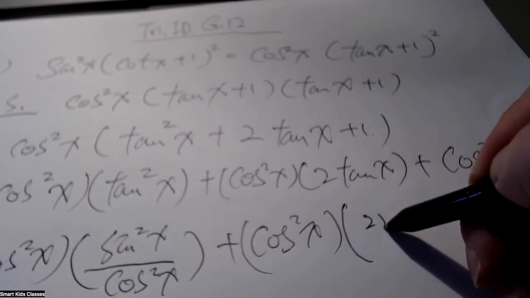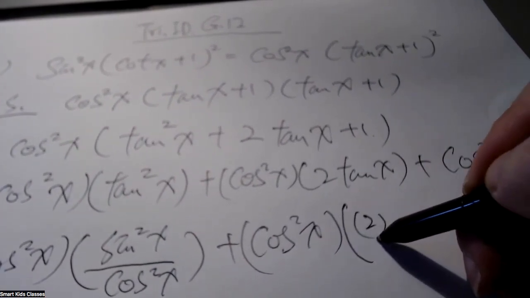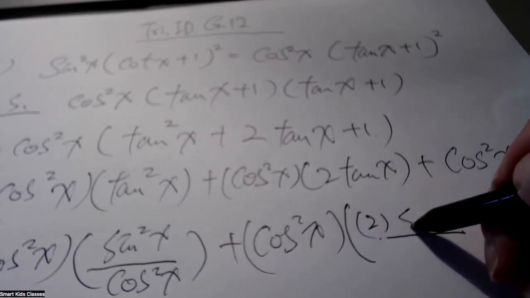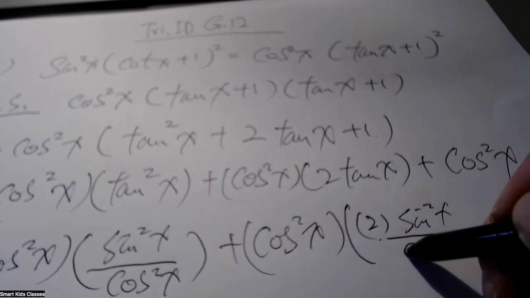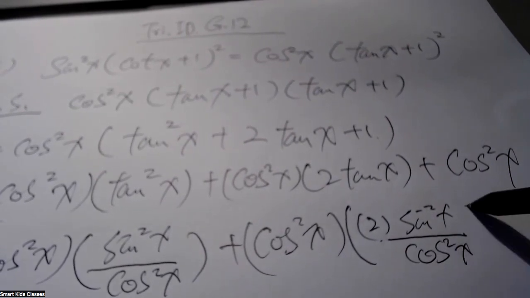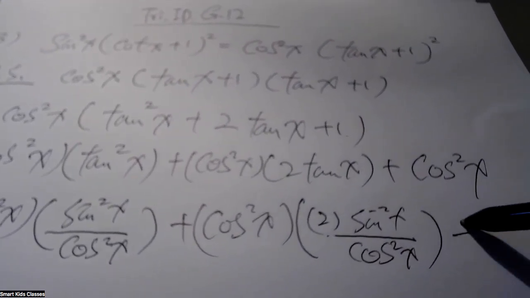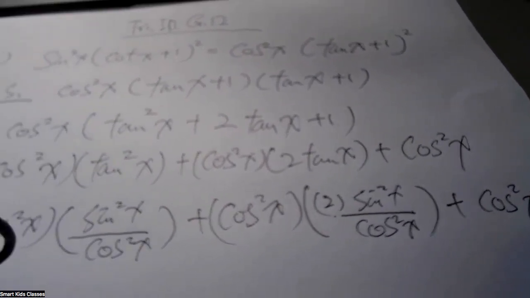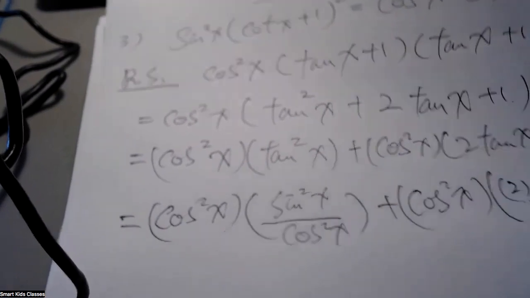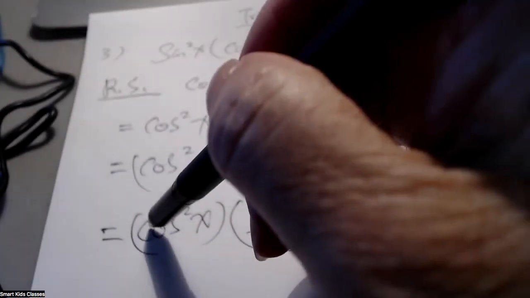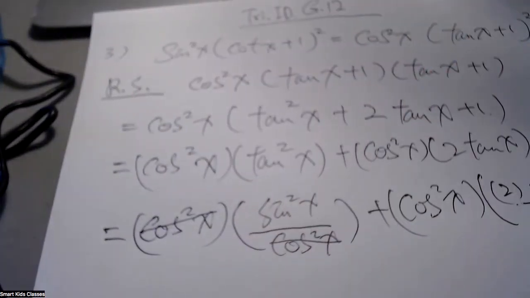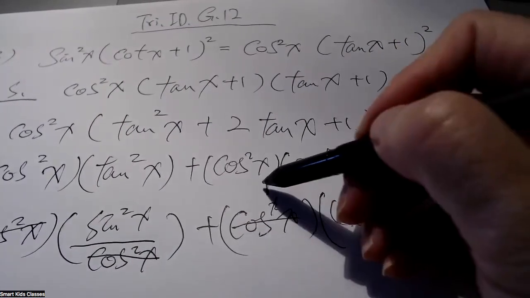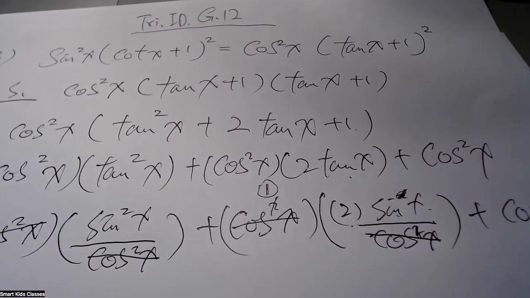So we write the 2 as a numerator. And then tan will be sine x over cosine x. The singular term we just copy at the end. Now we're going to simplify. So cosine square x cancels. Cosine square x, 1 here. I put the circle. So, and then that's all.